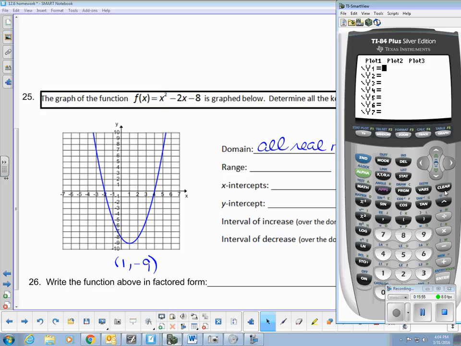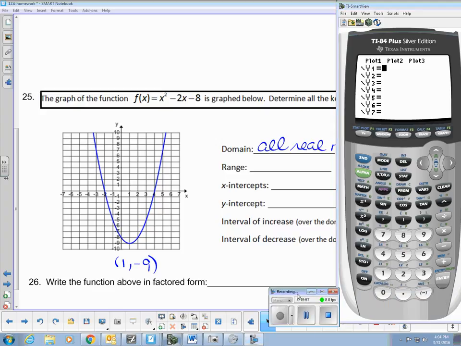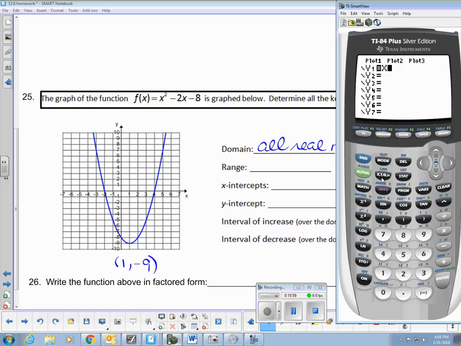So we have y equals x squared minus 2x minus 8.